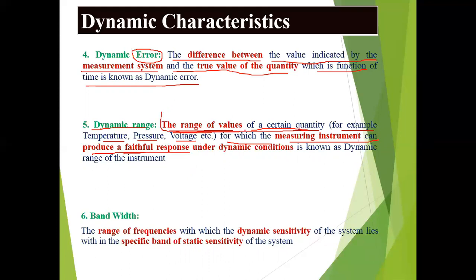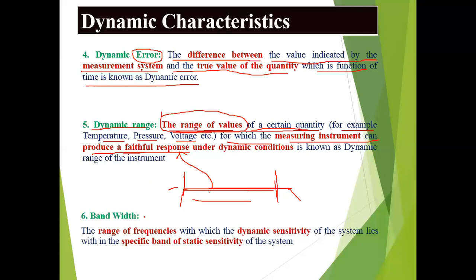For example, if you have a range from this position to this position, in this set of values the instrument is able to produce a faithful response. Beyond this particular range, it cannot produce a correct response. You may get some deviation. The range at which the instrument can produce a faithful response is called dynamic range. So in this position, this is the dynamic range.